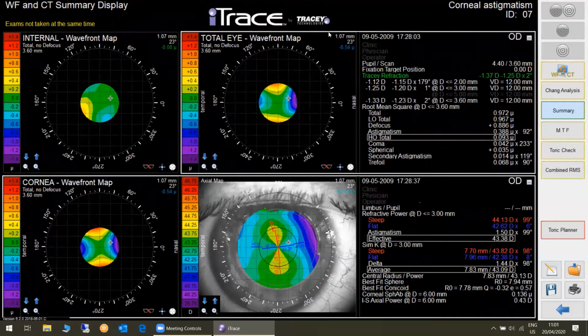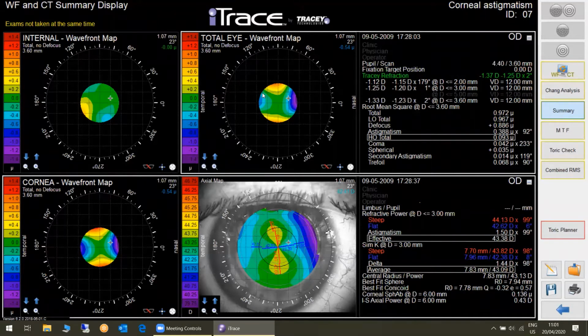Now, the total eye minus the cornea will give you the internal, and the internal is for 95% the lens. So very easy. If those two images here are the same, the astigmatism is on the cornea. If those two images are the same, the astigmatism is internal.